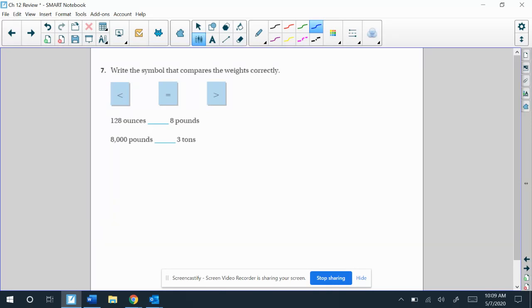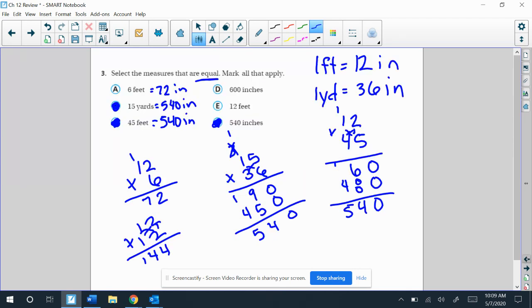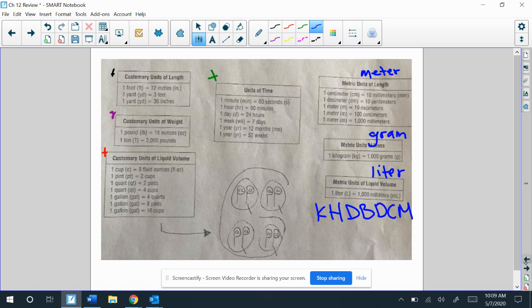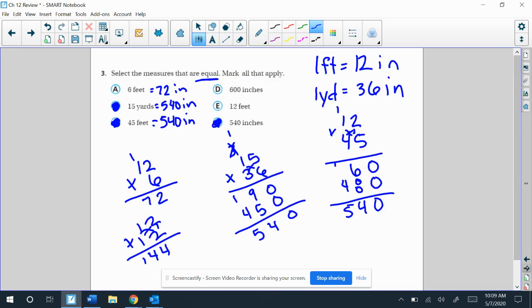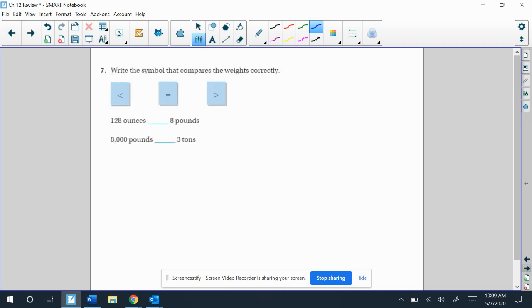So if we're using that paper that you wrote down, our number system, we know that a pound is 16 ounces, and a ton is 2,000 pounds. So we're going to use 1 pound equals 16 ounces, and 1 ton equals 2,000 pounds.